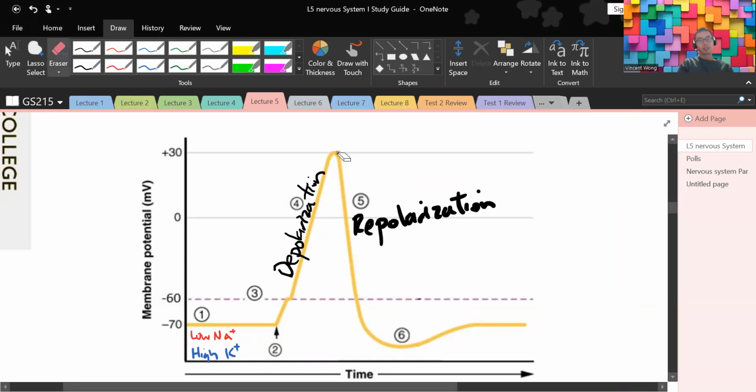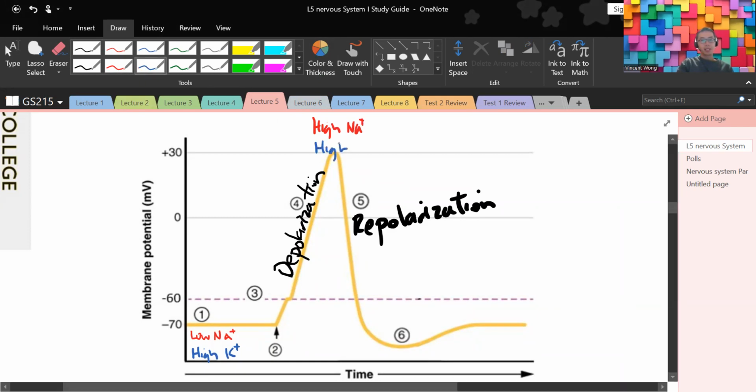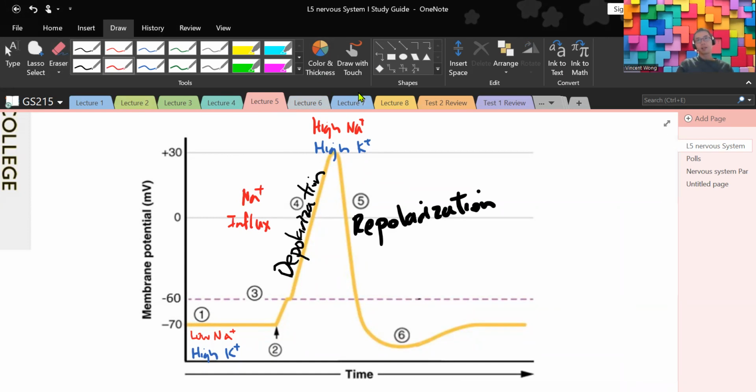What was it again for the sodium? Is it high or low? That's right, both high. High sodium because of the sodium influx, and then high potassium because they didn't go anywhere yet.